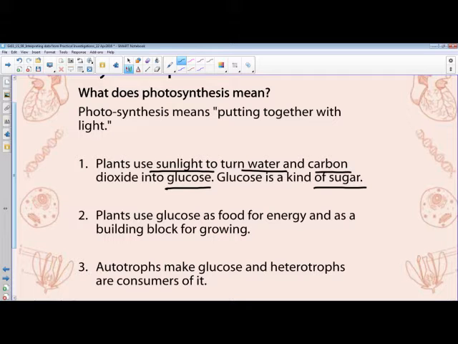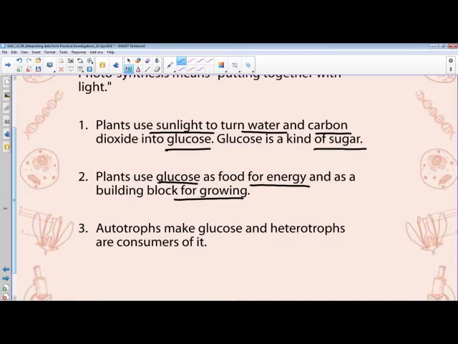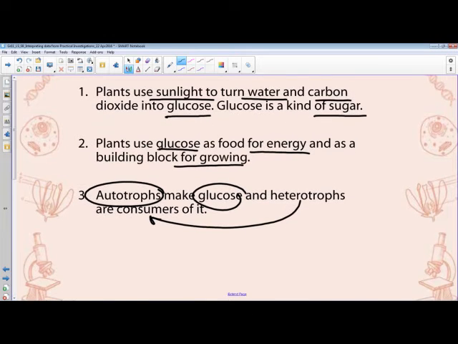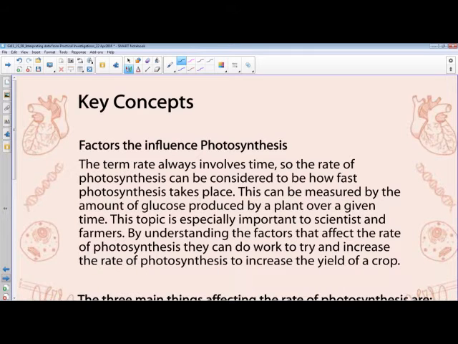And plants use glucose for food during the process of respiration and for growth. And that plants are autotrophs, and that they're able to manufacture glucose, and that the heterotrophs are the ones that consume the autotrophs because they cannot manufacture food by photosynthesis.